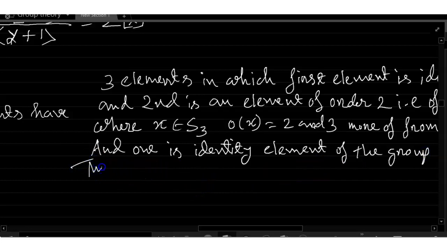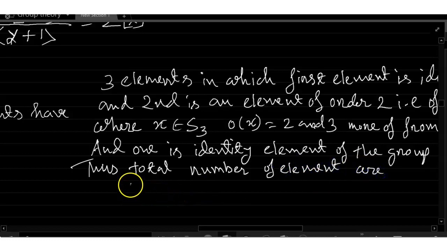Thus, the total number of elements is 9 plus 3 plus 3 plus 1.